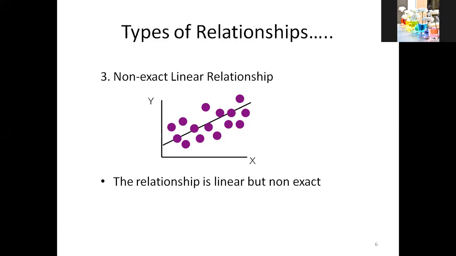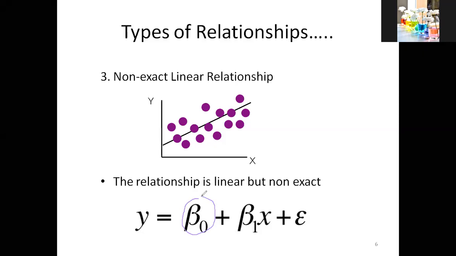All right, the relationship is linear, but not exact. Most of the data is in that format. Y equals beta naught plus beta 1 x plus the error term. We'll explain a little more on this in the upcoming chapters. It's like y equals mx plus c.